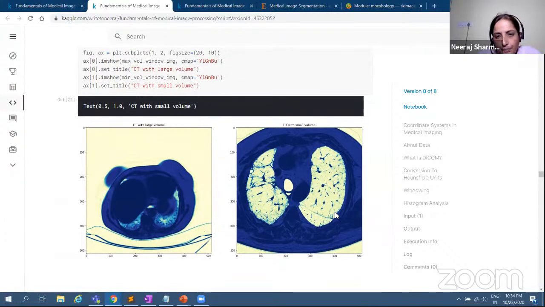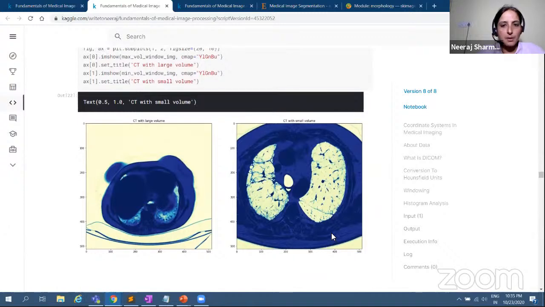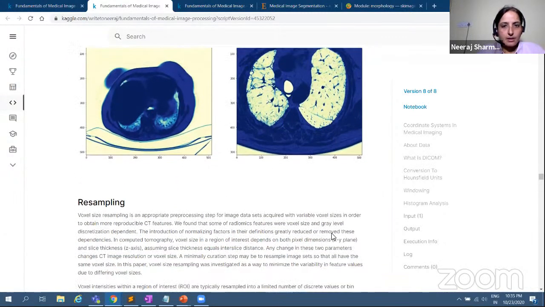And here we see that only the lungs are there, and other things are very minimal. That's how the volume is changing across slices.